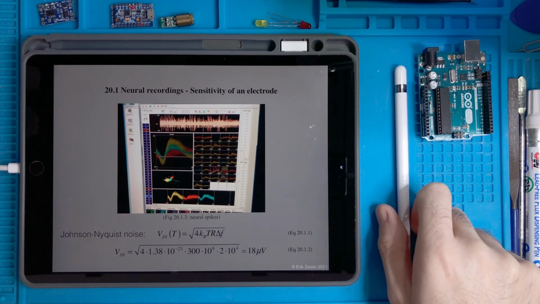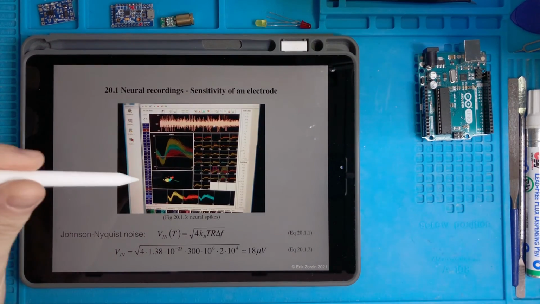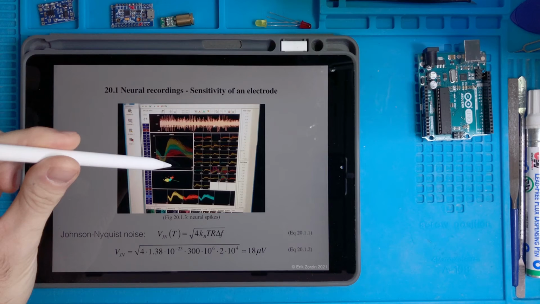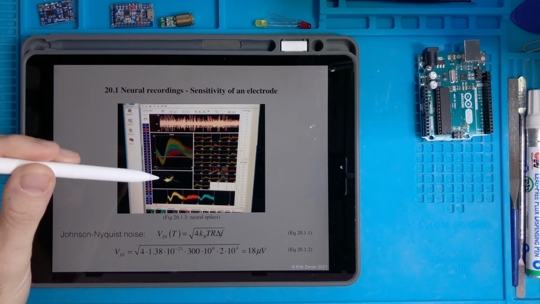So this is a standard value of noise that you can have at the tip of an electrode when you put it close to a neuron, and this is the level of noise.